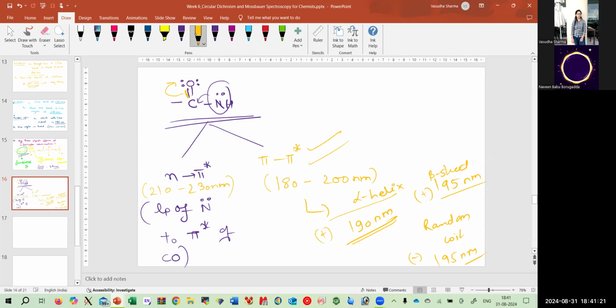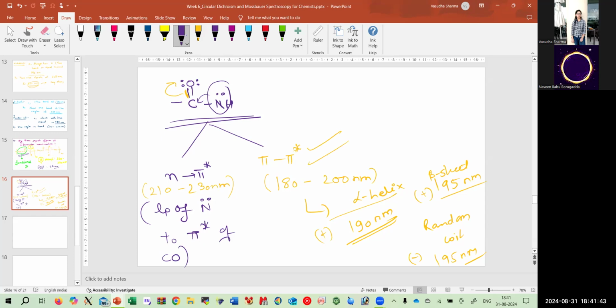So this is because of your pi to pi star. Whereas for the 210 to 230, we already defined that 218 would define the beta sheet, 208 and 222 the alpha helix, and similarly 222 or something like that for the broad region of the random coil.